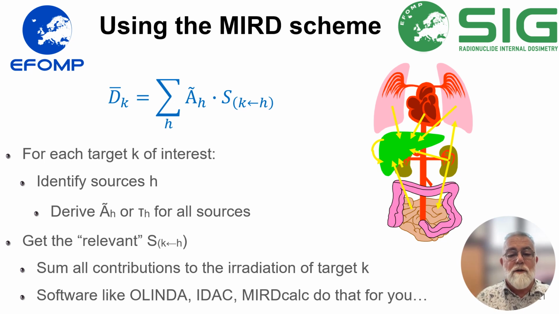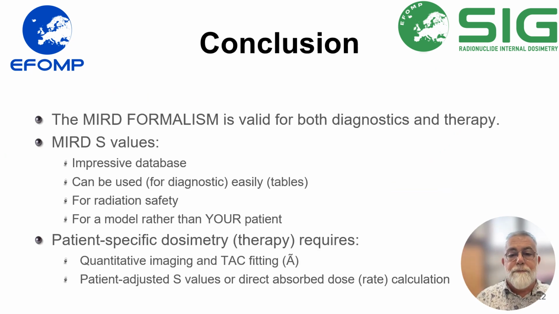And you have some software, previously OLINDA, but you still have OLINDA as a possibility. You had MIRDOSE, now you have OLINDA, IDAC, MIRDcalc, which is free. They do that for you. So as a conclusion, the MIRD formalism is valid for both diagnostic and therapy. I think it's very important to bear that in mind.